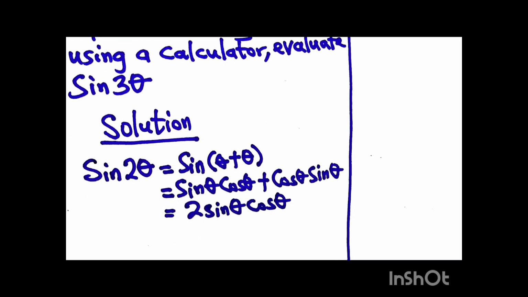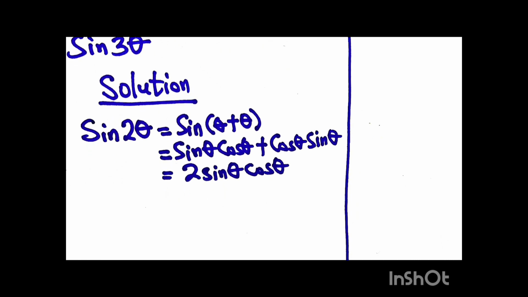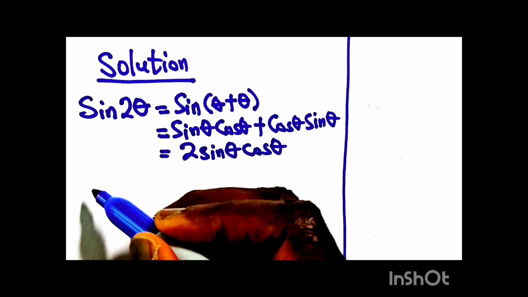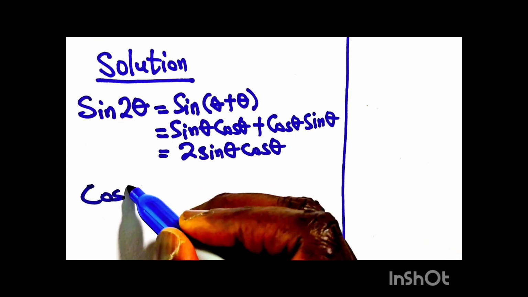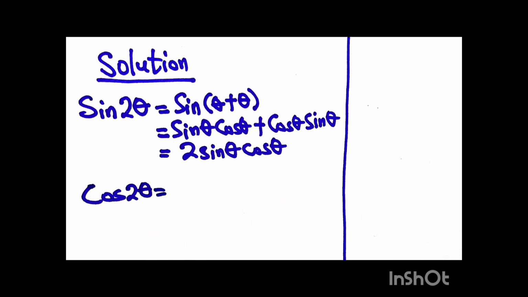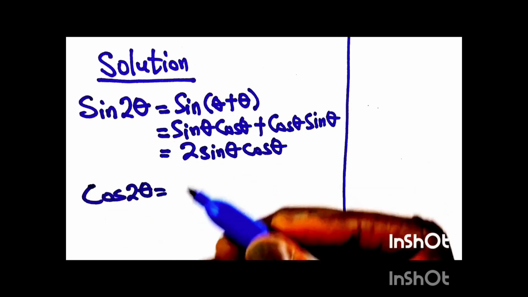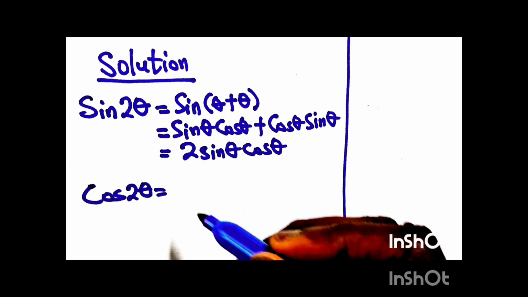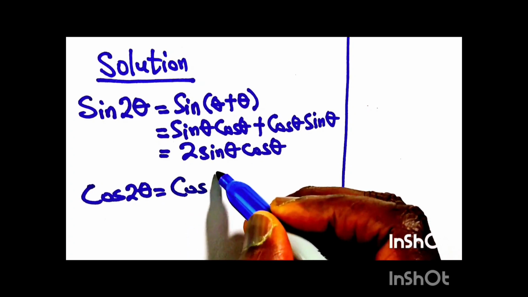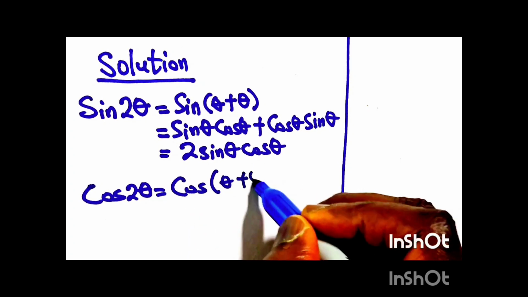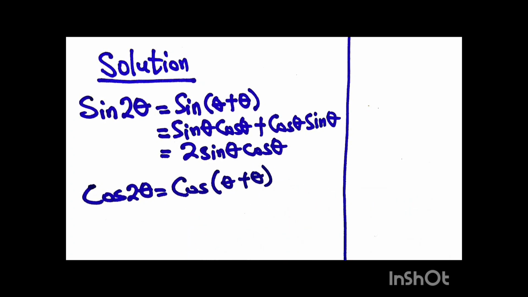Can we look into the cos 2 theta? If we look into the cos 2 theta, it is going to be the same way we did sine 2 theta. By expanding it, we're going to have cos of theta plus theta, because it's a double angle.